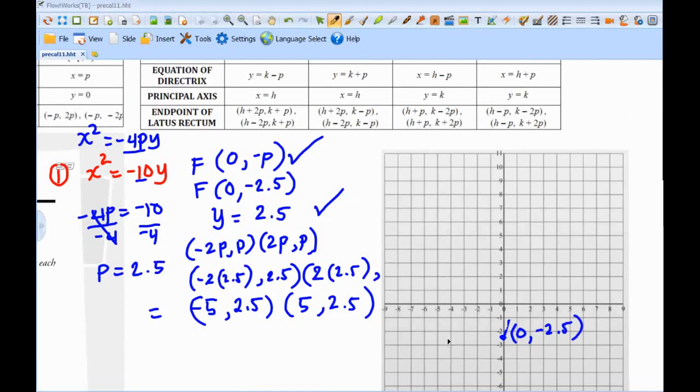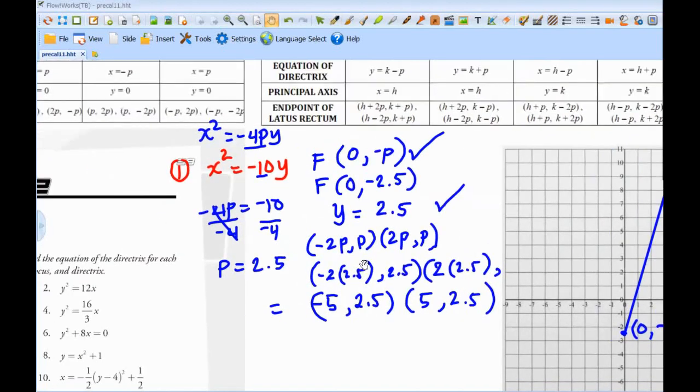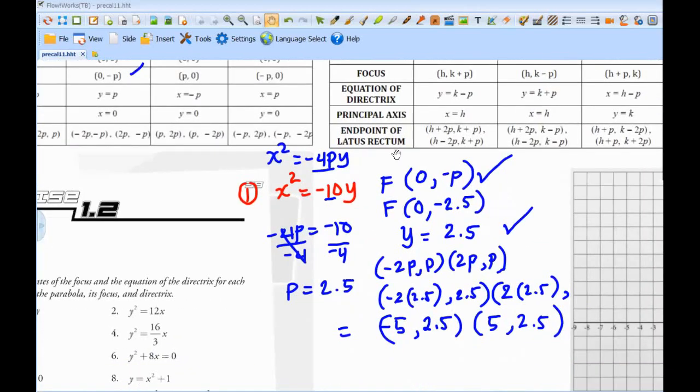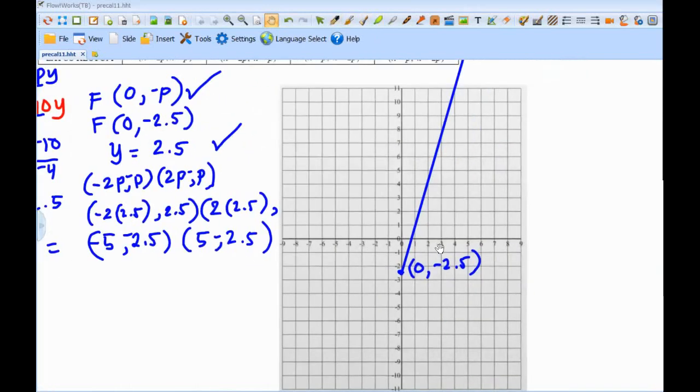Why is it not on the third quadrant? p is 2.5, right? We have negative p. Our formula is negative p and negative also. Okay, so therefore we have the value.